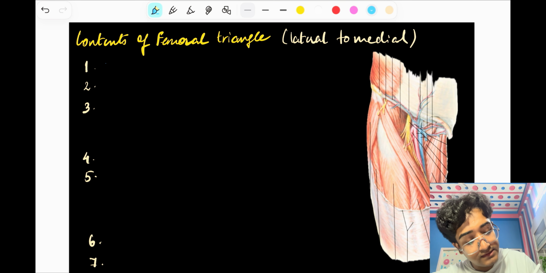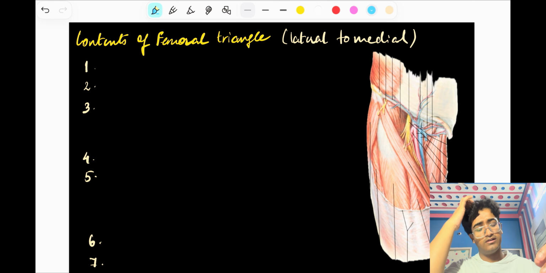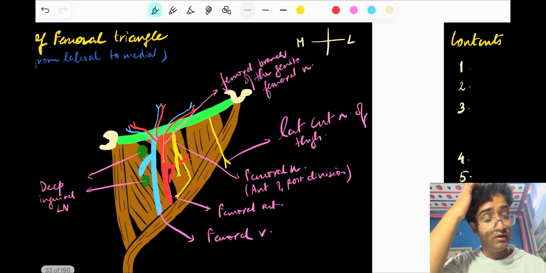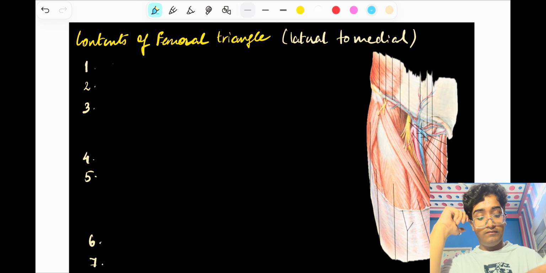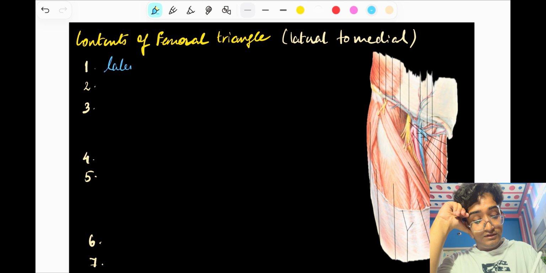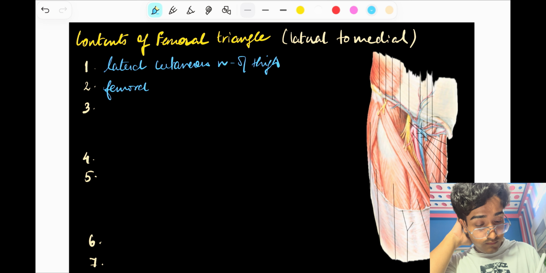So let me write the contents from lateral to medial again. I hope you'll remember it in this video itself after repeating it so many times. Laterally, we have the lateral cutaneous nerve of thigh. Then the femoral nerve, with its anterior and posterior divisions.